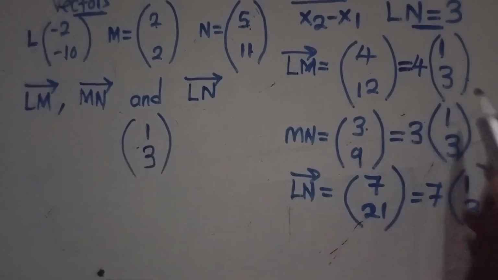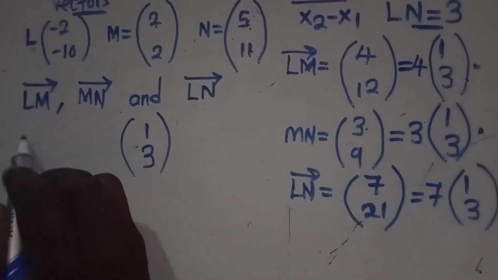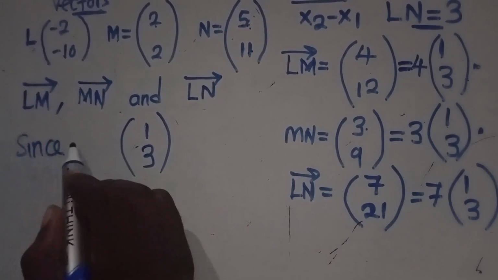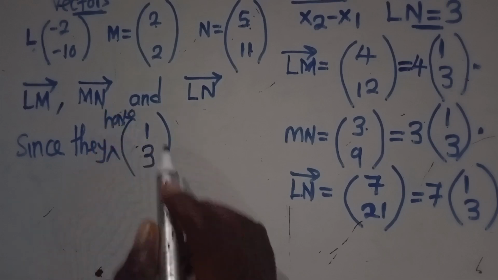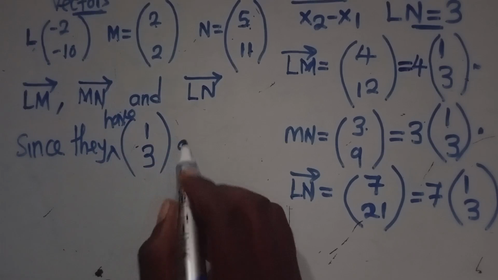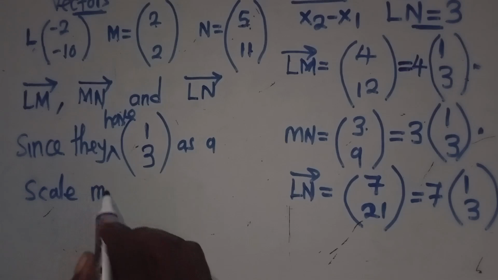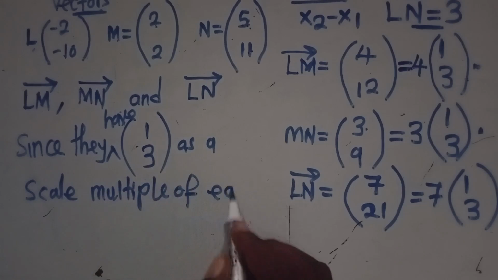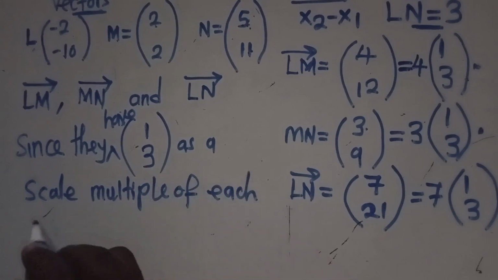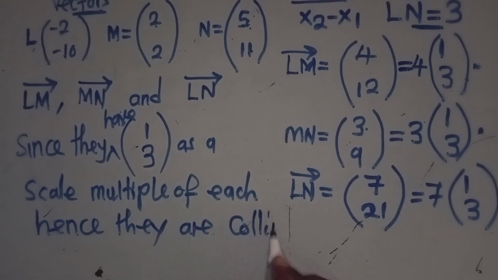Have you seen? All of them, they're having this one. You just conclude, since they have 1 over 3 as a scalar multiple of each. Scalar what? Multiple. Hence, they are what? Collinear. Hence, they are collinear. This is what we get to do.